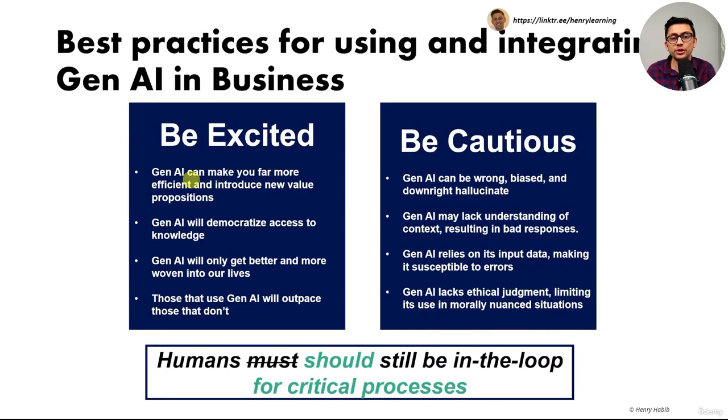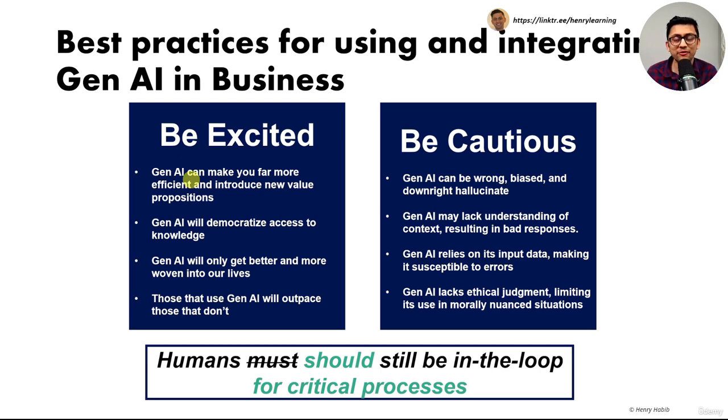So, in summary, when you're using any sort of Gen AI technology, especially in business and for really important outcomes, you should have two things in mind. The first thing is be excited. The Gen AI technology just keeps getting better and better and better. And key thing, it keeps getting more democratized. Before, it was only available to Microsoft, Google, and very, very well funded startups.